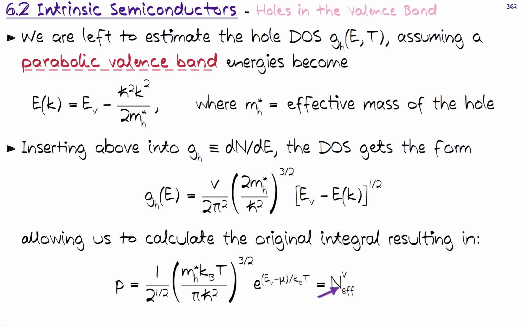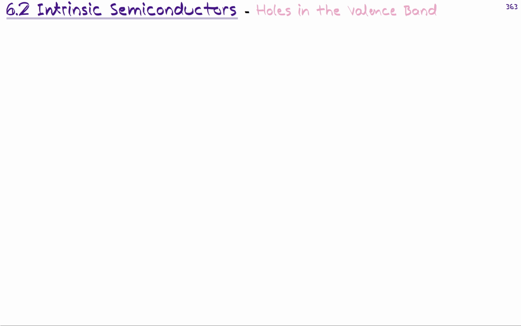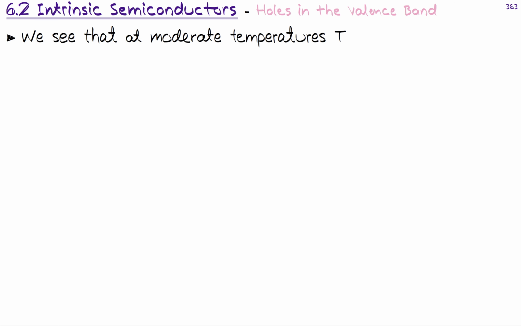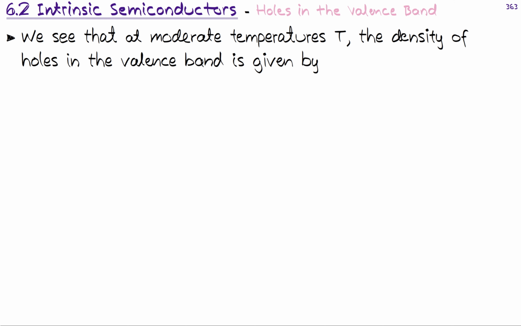So this is the functional form, and this is the result, and this already provides us information on how many vacancy states we have in the valence band. So all in all, since we did assume that we are at moderate temperatures, the number or density of holes in the valence band is given by this kind of quite simple relation.